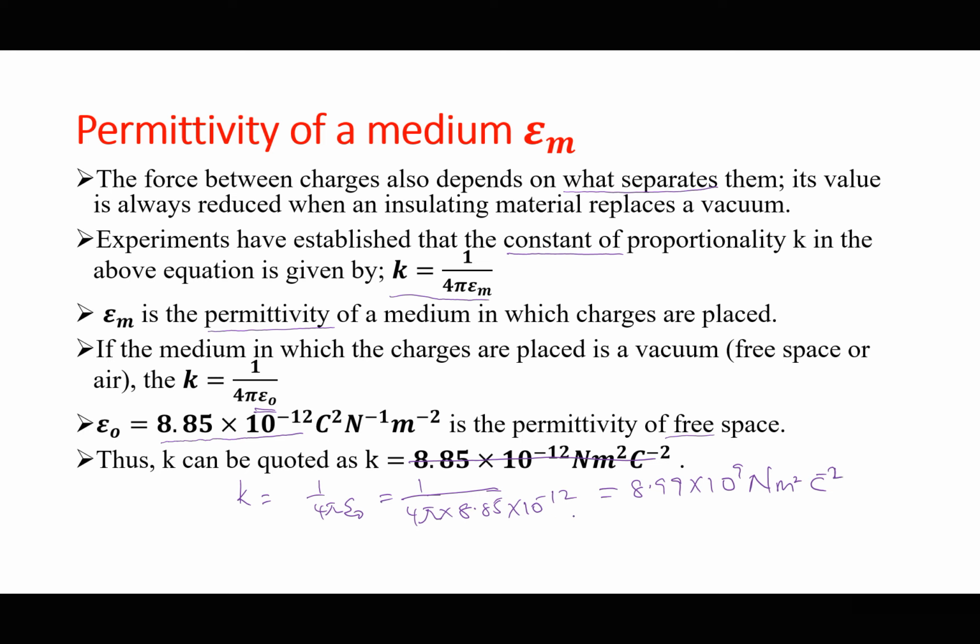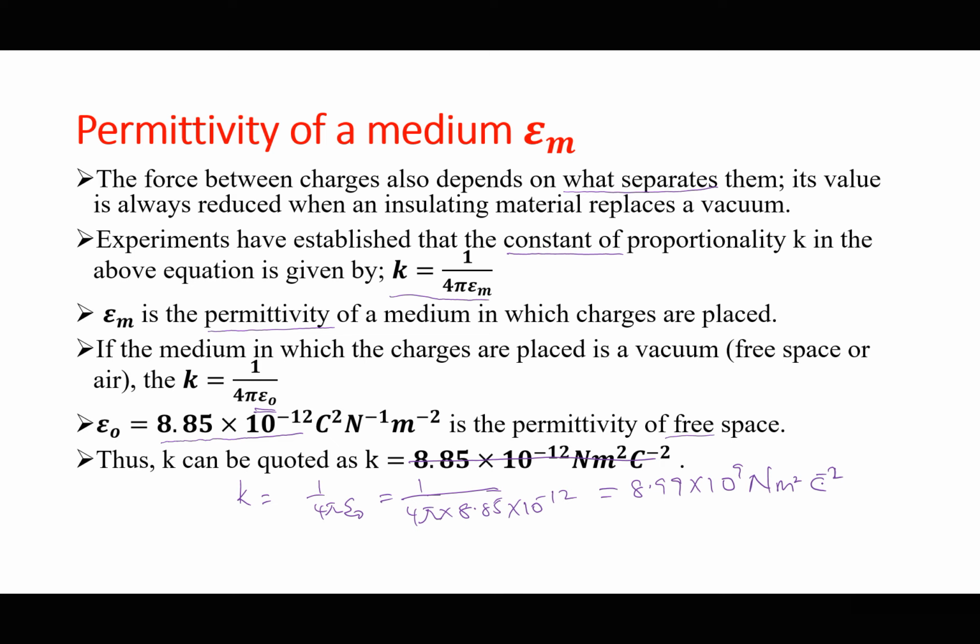When you divide this, the units are inverted, so it becomes newton meters squared per Coulomb squared. In every calculation, we can always quote the constant of proportionality as 8.99 times 10 power 9. You can press your calculator to verify that quantity.